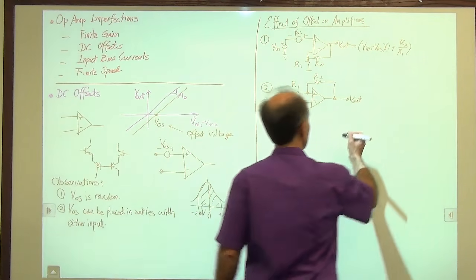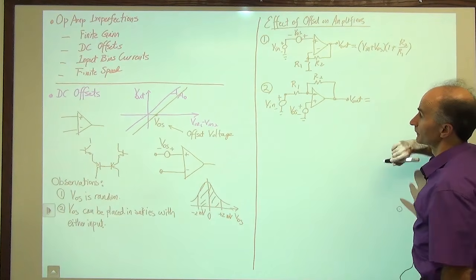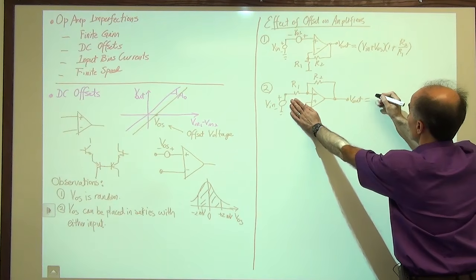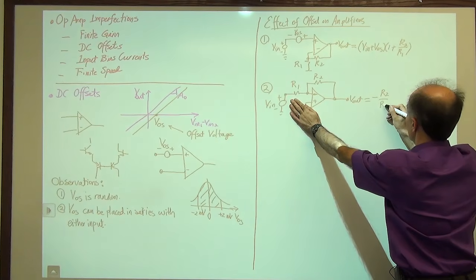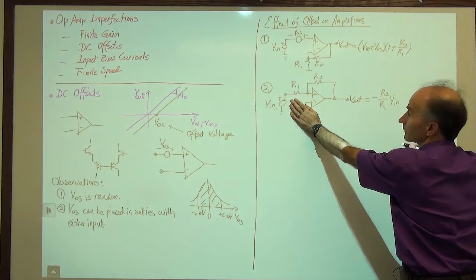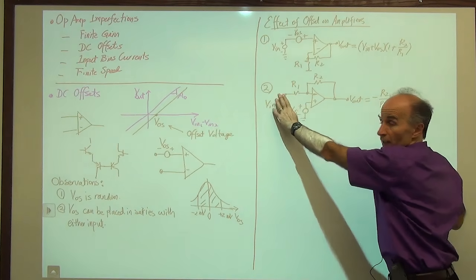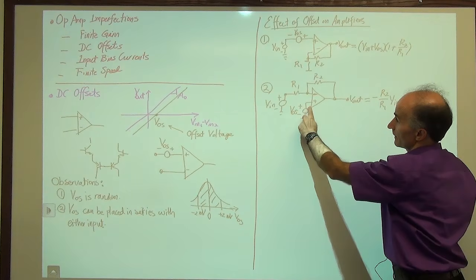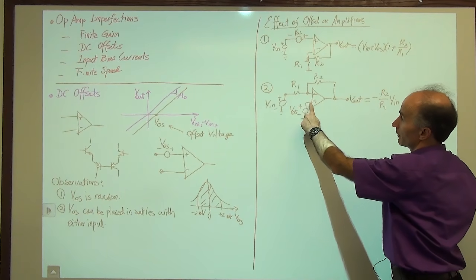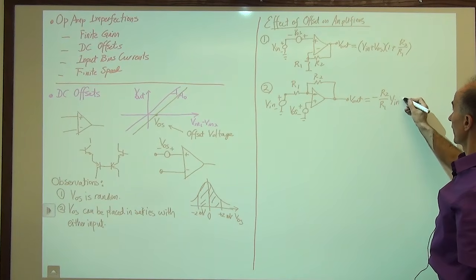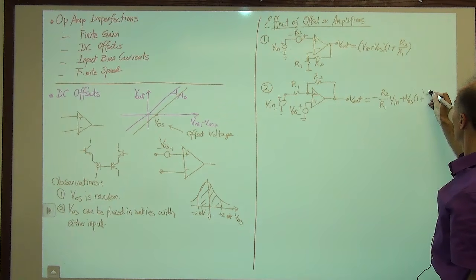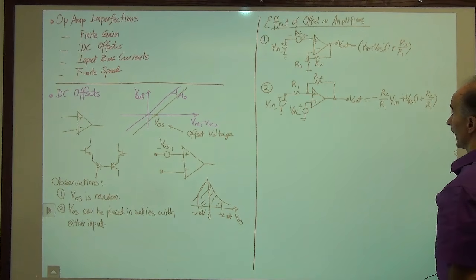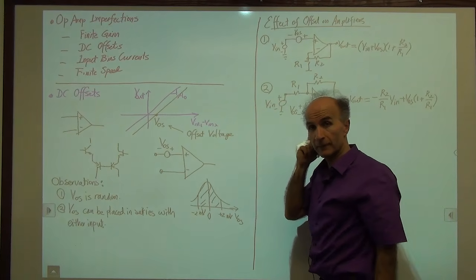Okay, so then that means that V out is equal to, VOS is set to 0, we have minus R2 over R1 times V in. And now we set V in to 0, we say VOS sees a non-inverting amplifier to the output. So that would be VOS times 1 plus R2 over R1. And that is the total that we have.